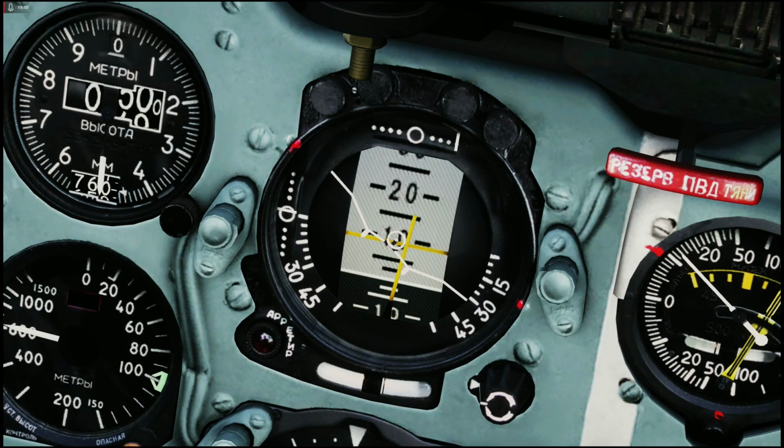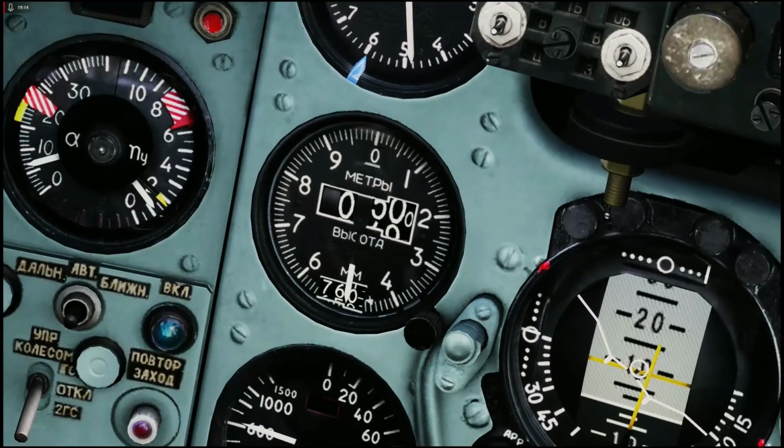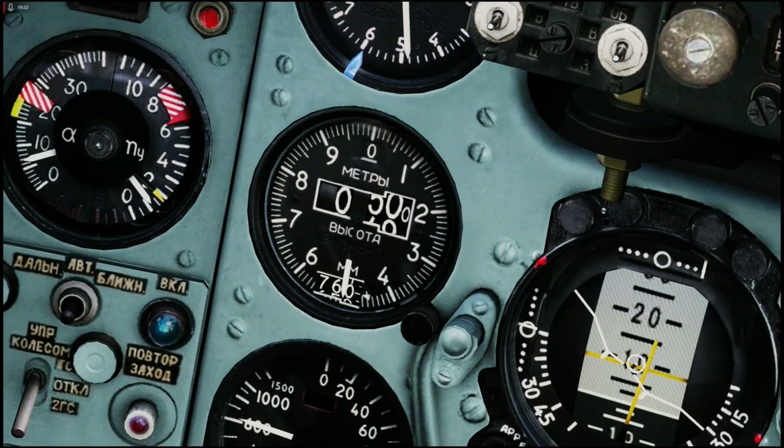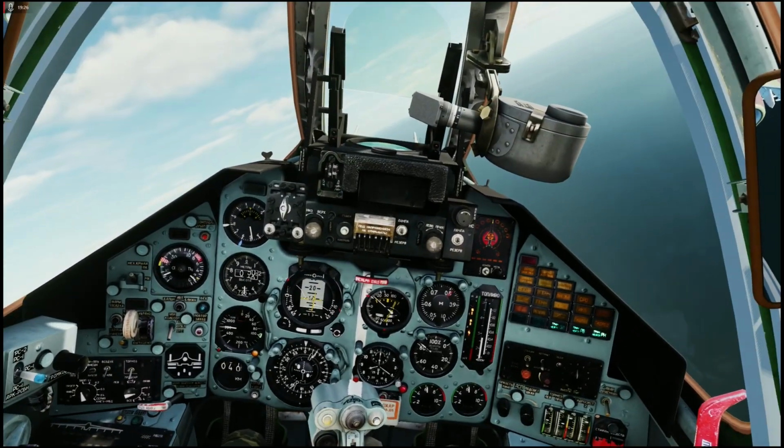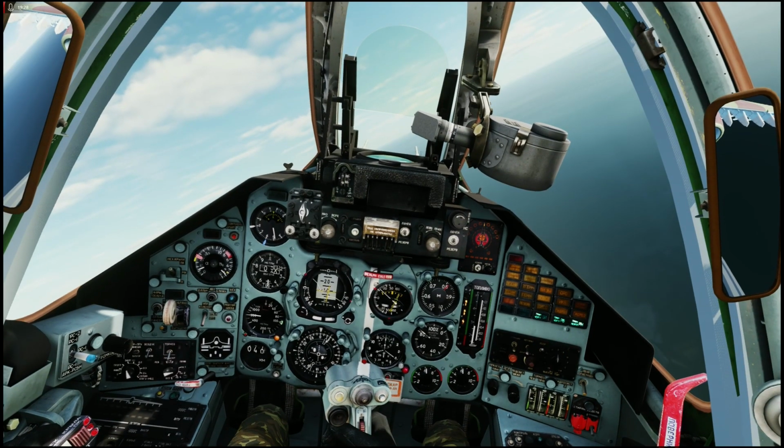And as you can see, the horizontal yellow line is coming down, and my barometric altimeter shows I'm at 500 meters now. So I know that I need to level out to stay at that altitude.